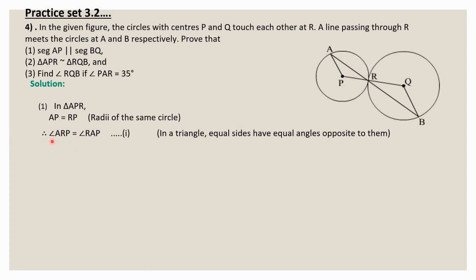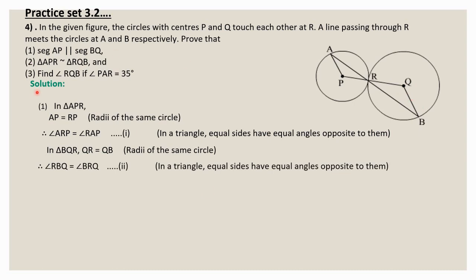Therefore, angle ARP is equal to angle RAP. Now in triangle BQR, QR is equal to QB as they are the radii of the same circle. Therefore, angle RBQ is equal to angle BRQ. The reason being, in a triangle, equal sides have equal angles opposite to them. Or we can say that angles opposite to equal sides are equal.